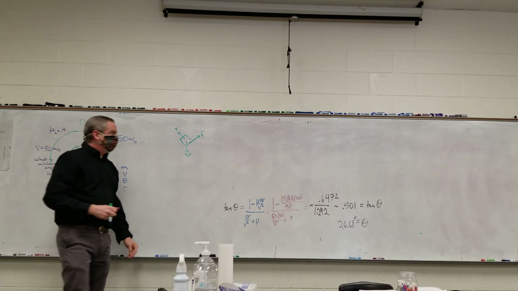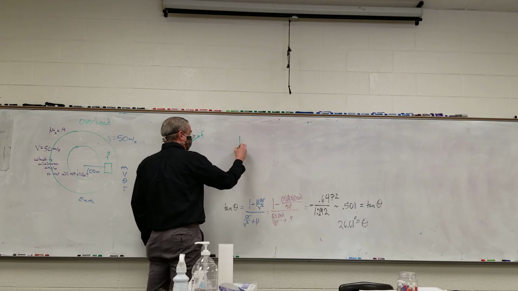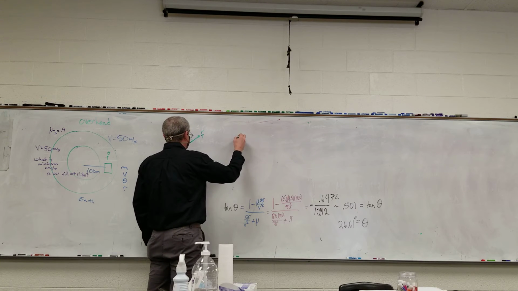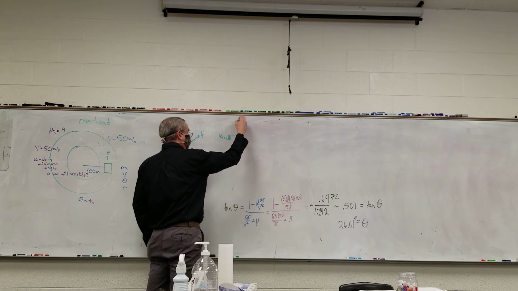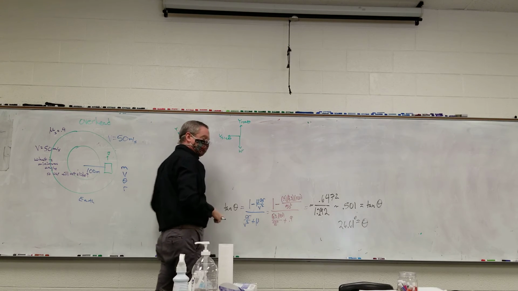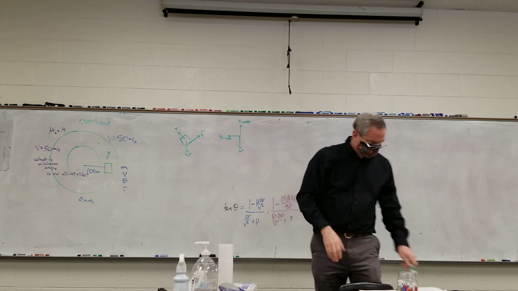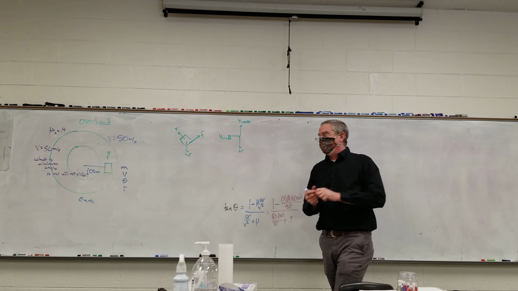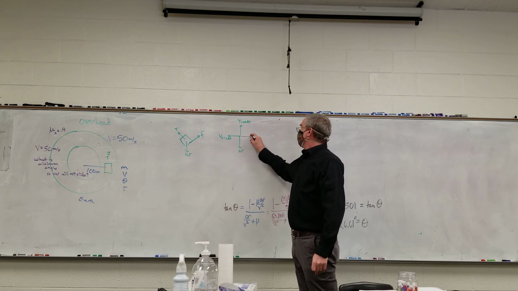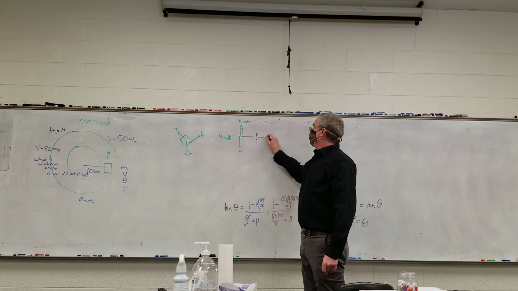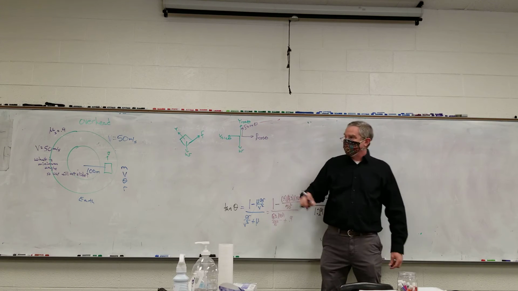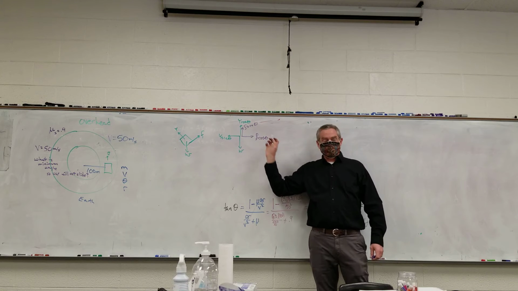So when we break it up, we have weight acting down, we have w sine theta acting to the left, we have w cosine theta acting up, none of that changes. What changes from what we just did is the direction of friction, which is now to the right and up. So this will be f cosine theta and f sine theta. Again, because they're perpendicular, the trig function involved changes.